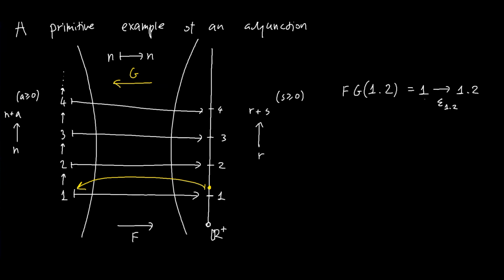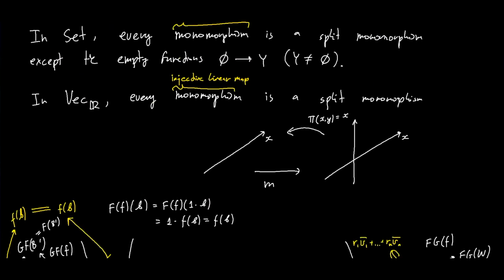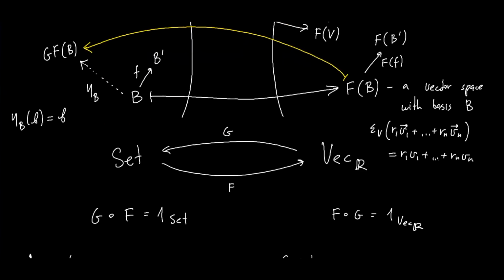But if I start with 0.8, I apply g and I apply f to it, then I get 1 again, and here I have the opposite situation. So remember that we need to have, let me go back here.